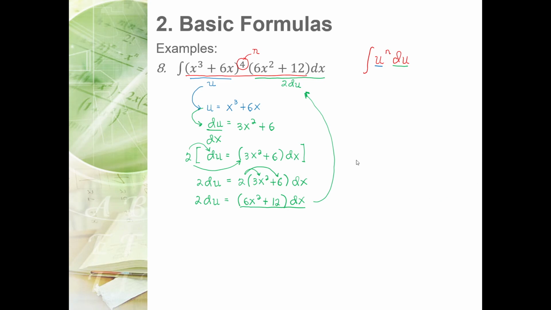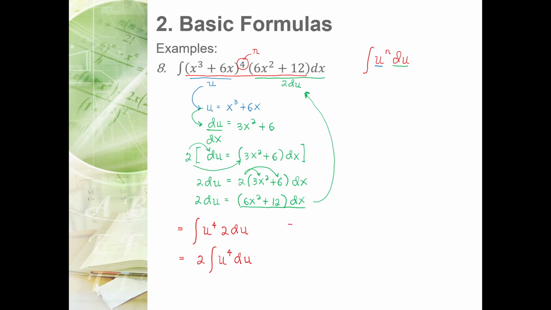Okay, so replacing every parameter, we now have u to the power 4 times 2 du. Factoring out 2, the equation becomes simpler, u to the 4th du.